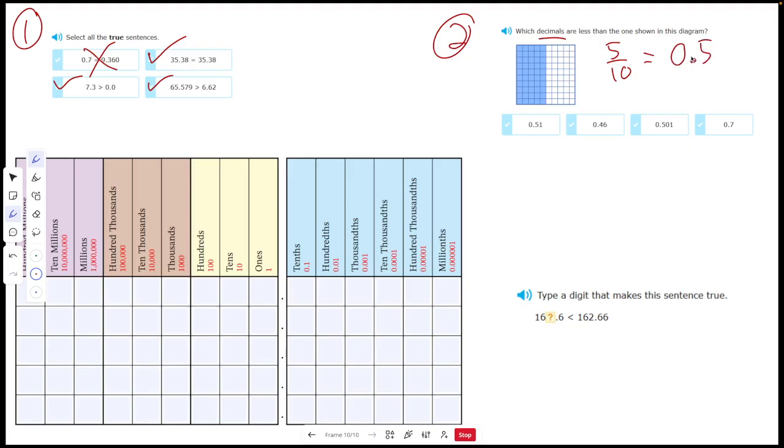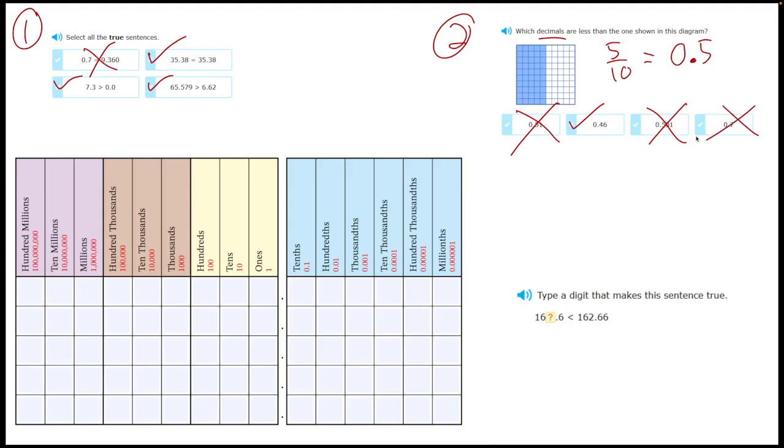So 0.5, and it says which decimals are less than that? Well, this is more. This is less, so that one works. This is more, and this is more. So they're being a little tricky here. There's actually only one right answer, even though the way they worded it made it sound like there was more than one right answer. Okay? 0.5.